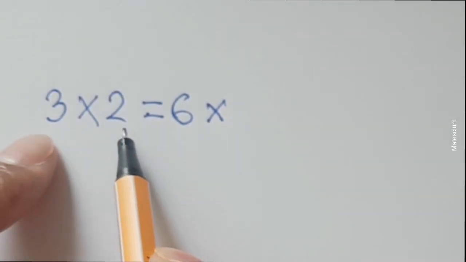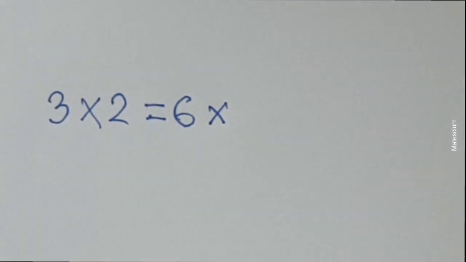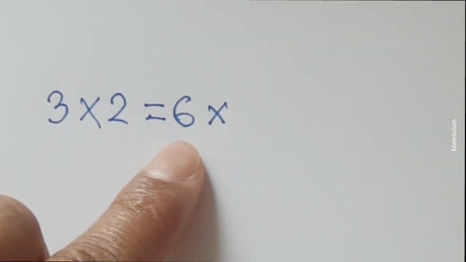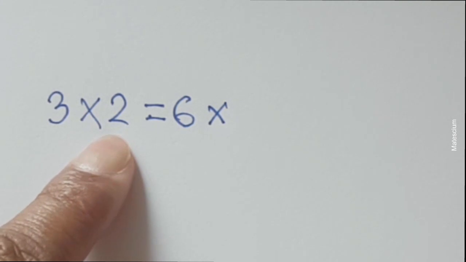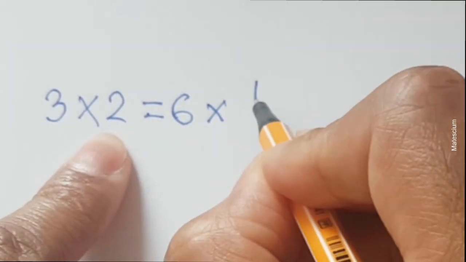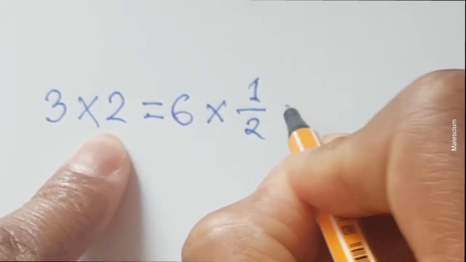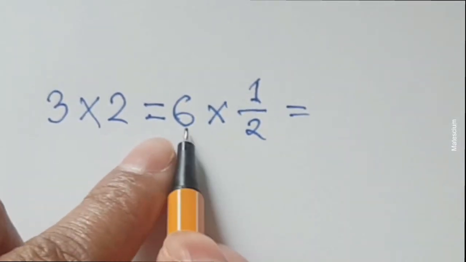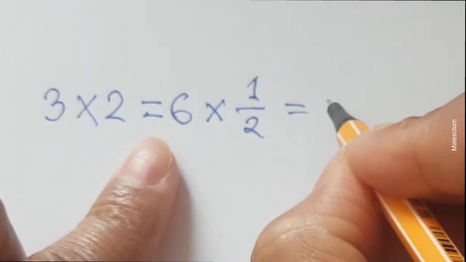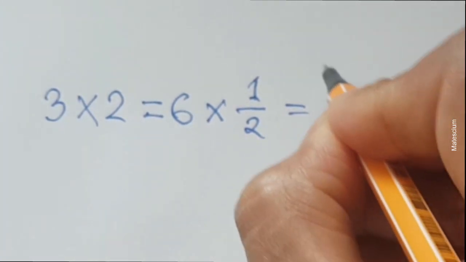We will get back the initial number. The inverse of 2 means 1 over 2. Then this result 6 multiplied by half is equal to 3, which is exactly the initial number.